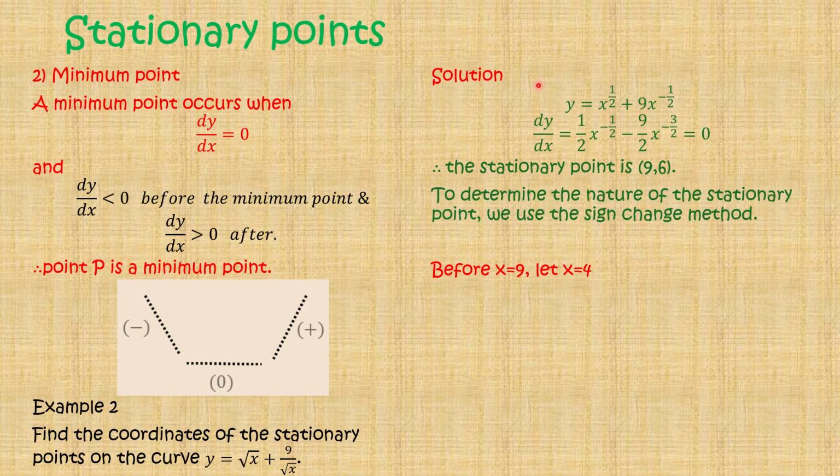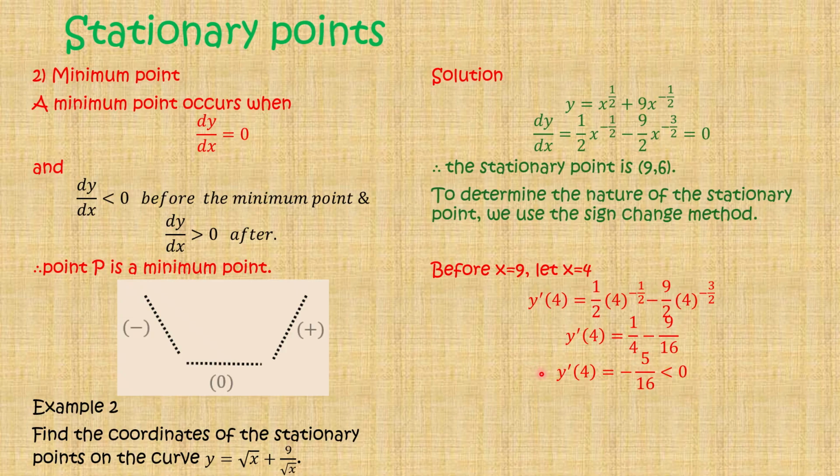If we substitute for a 4 into the dy dx or the y prime, because it's the same thing, so we are saying y prime of 4 would be that. And simplifying this further, we are going to get y prime of 4 being equal to 1 over 4 minus 9 over 16. And simplifying further, we are going to get y prime of 4 being equal to minus 5 over 16.